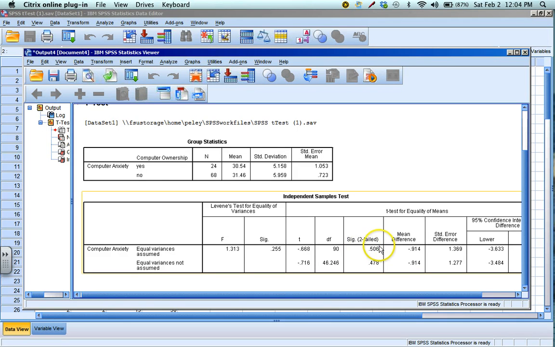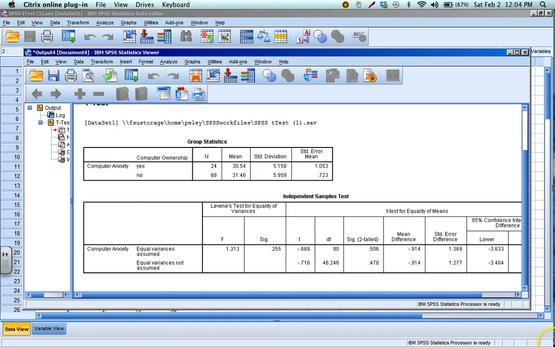So what we would say with our test here is that we would accept the null hypothesis, meaning that essentially these means are the same. I don't mean they have to be the exact same, but they do not differ significantly from a statistical point of view.